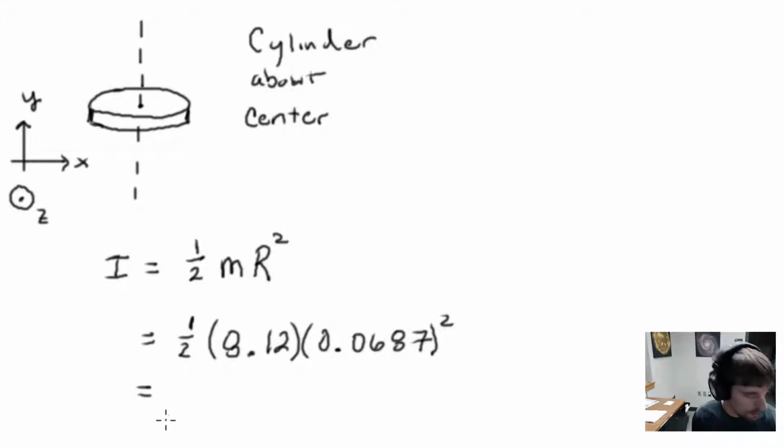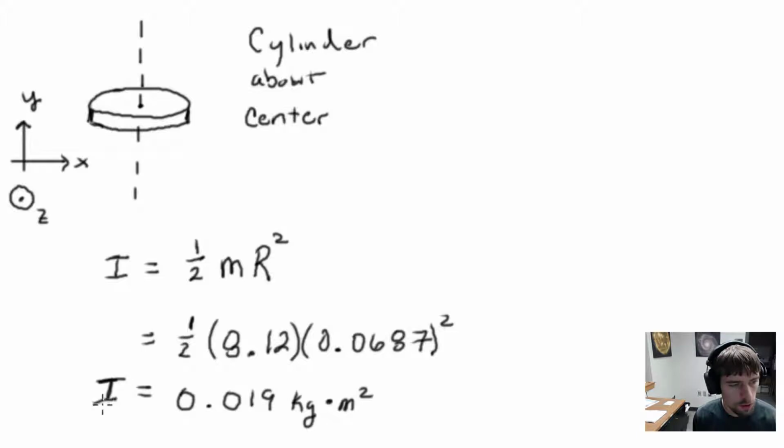And so when I calculate this out, I get something like 0.019 kilogram meters squared for my moment of inertia. Good? Hey, that's all there is to that part.